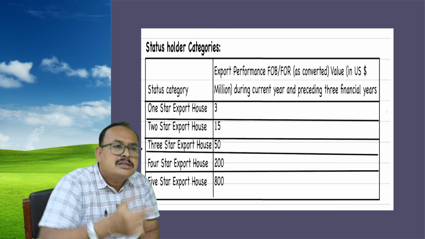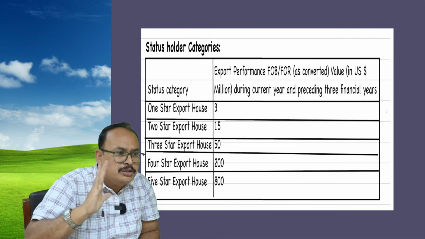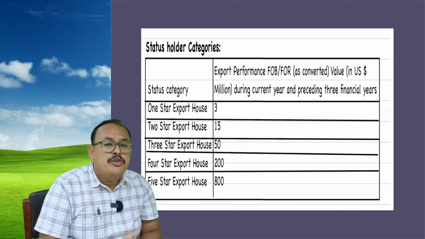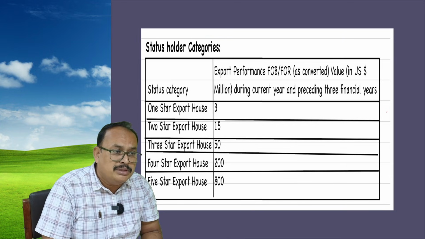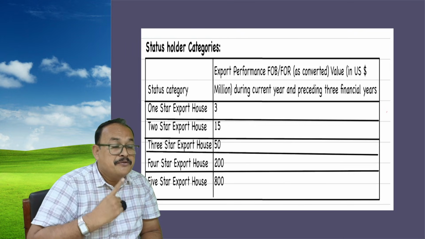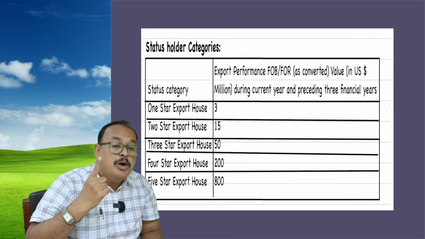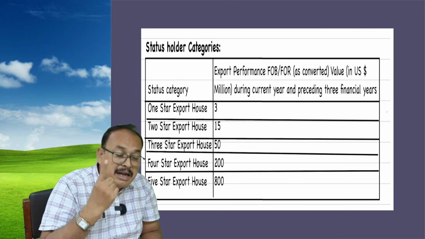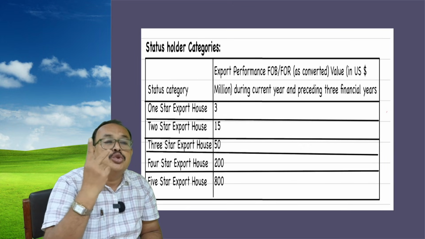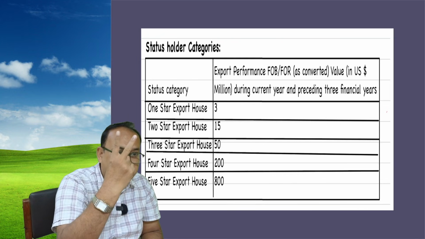$3 million and above. You know 1 million equals 10 lakhs. $3 million and above, but not exceeding $15 million, in that case, 1-star export house. If it is $15 million and above, but not touching $50 million, in that case, 2-star export house.